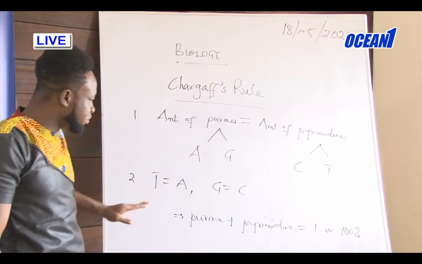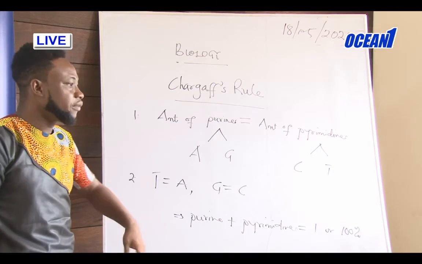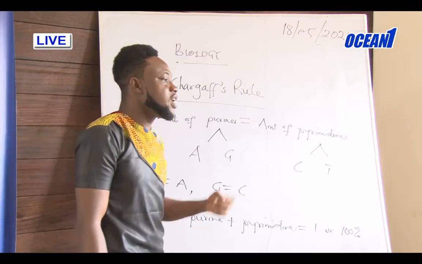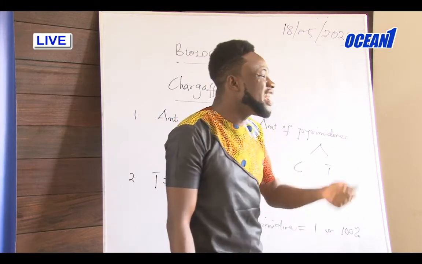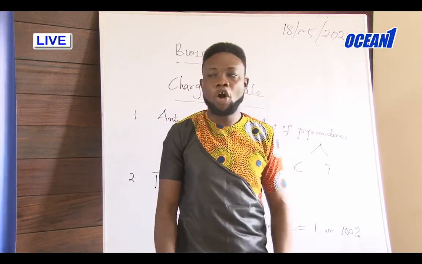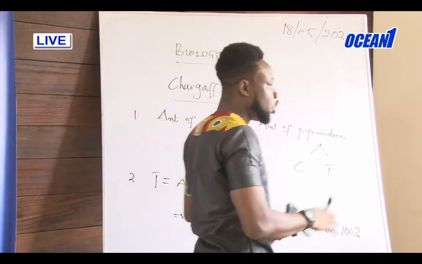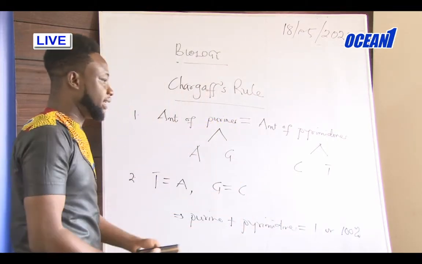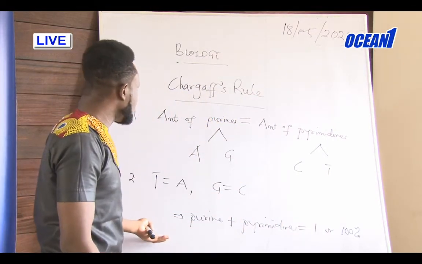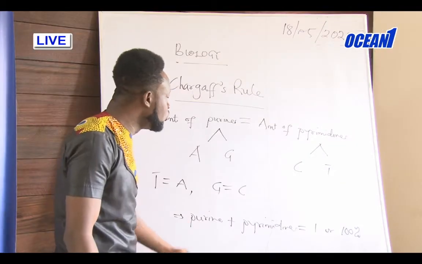Now, with this in mind, let's try this question. In the DNA strand, the amount of adenine is 20%. What is the percentage of cytosine? We want to solve such a question based on Chargaff's rule.